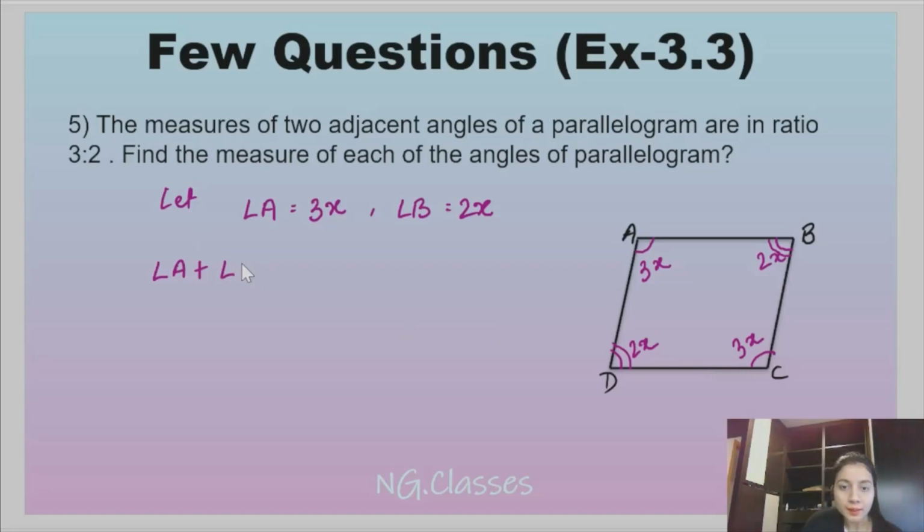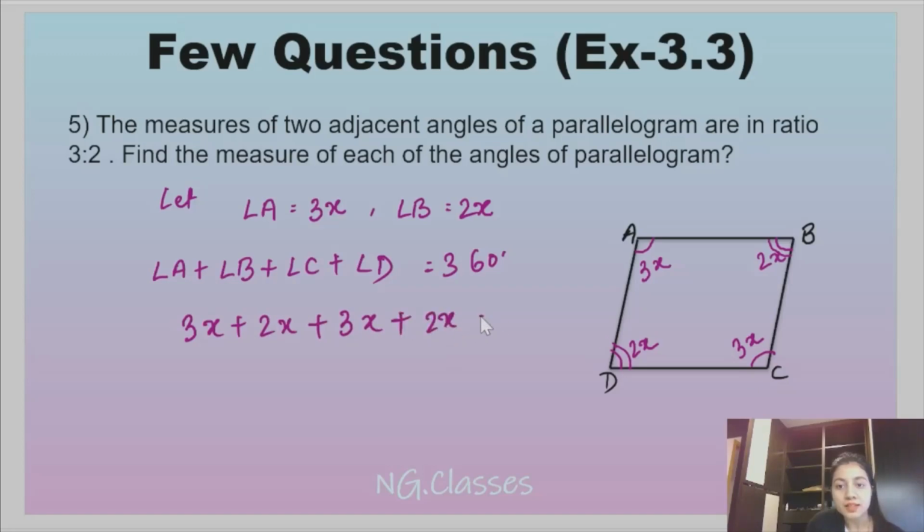So angle A plus angle B, then C and D, all will be 360 degrees, which means 3x plus 2x, then again 3x plus 2x is equal to 360 degrees, which means 10x is equal to 360 degrees and x is equal to 36 degrees.